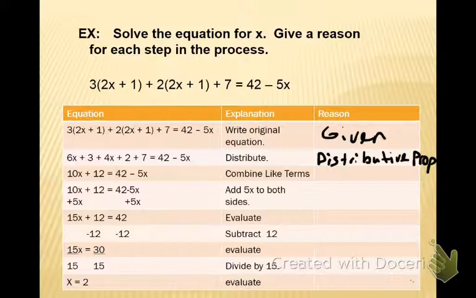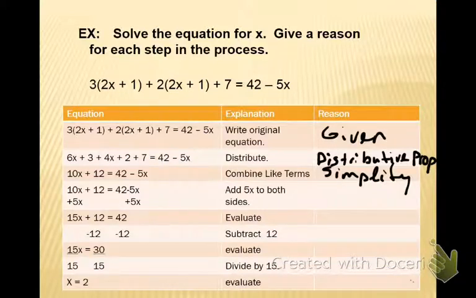Once we've done that, we can now combine the 6x and the 4x, and we can combine the 3, the 2, and the 7, because we're combining like terms. I like just calling this simplifying. We're just simplifying that side of the equation by combining like terms.